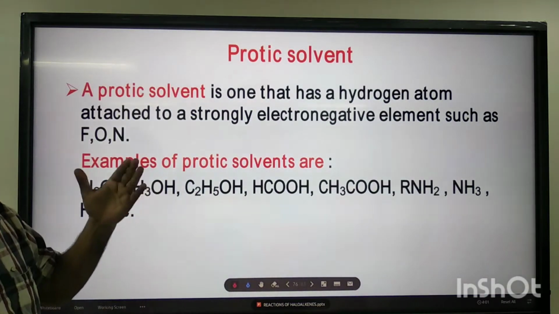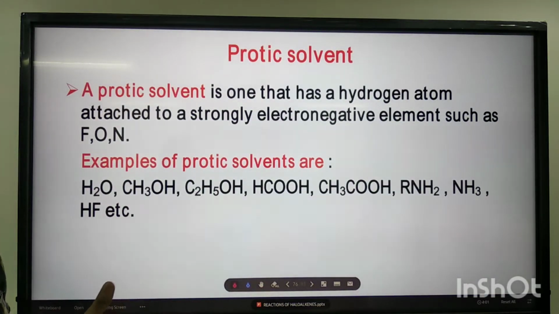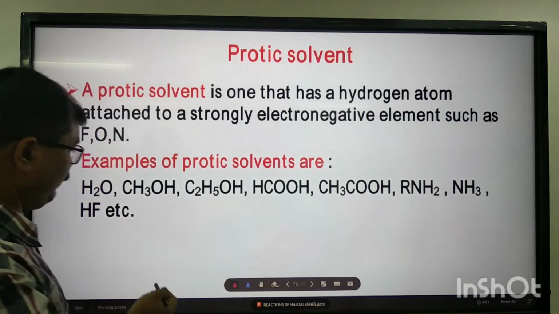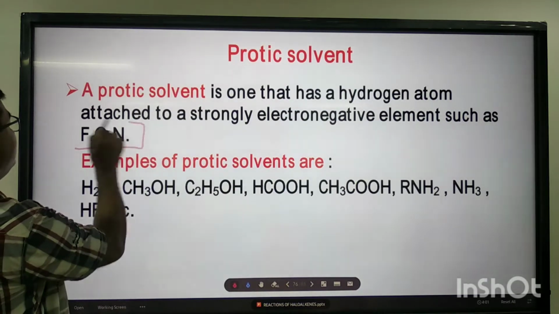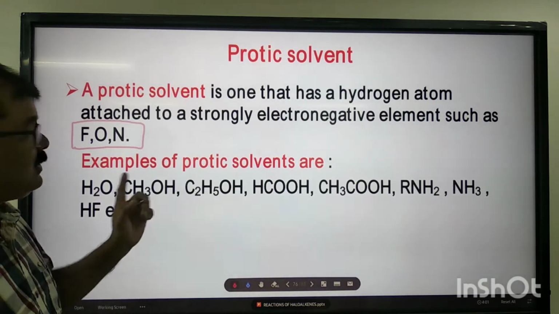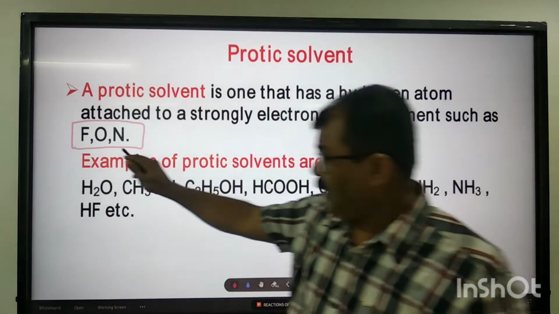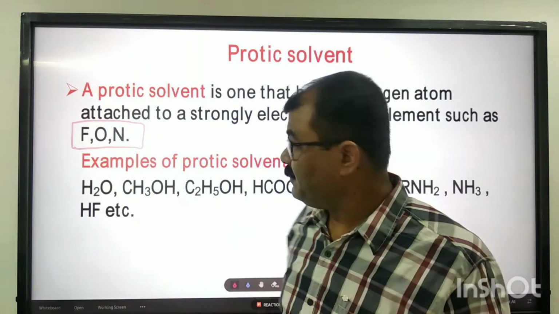A protic solvent is one that has a hydrogen atom attached to a strongly electronegative element such as fluorine, oxygen and nitrogen. FON, you remember FON: fluorine, oxygen and nitrogen are strongly electronegative elements and generally have small size.